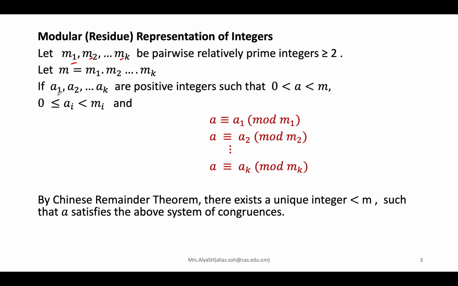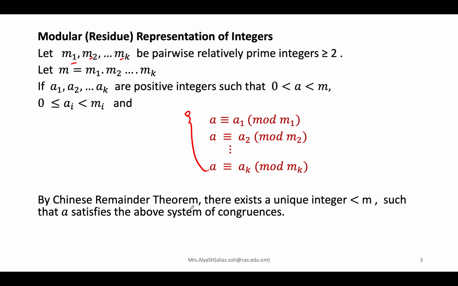And we have a1, a2, ak as positive integers, greater than 0 and less than m, where each ai is greater than or equal to 0 and less than mi, and we have this system of congruence. Then we can use the Chinese remainder theorem to find the unique integer less than m that satisfies the above system of congruence.